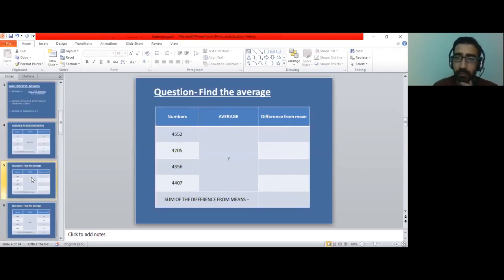How does that help? That helps us, for example, if I had to solve this question. Now, what can I do here? Could you tell me the average for these 4 values?